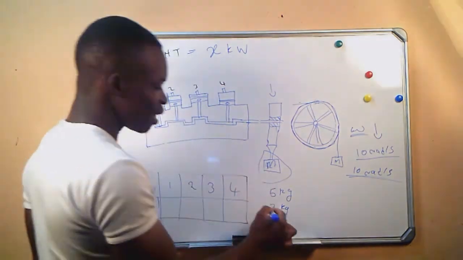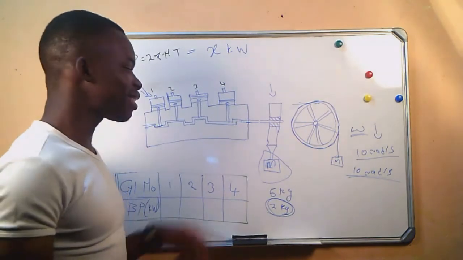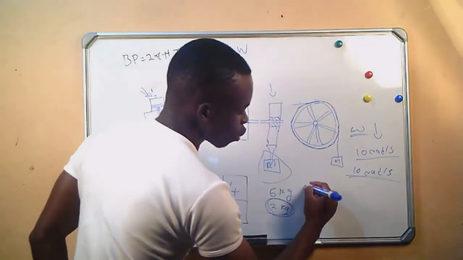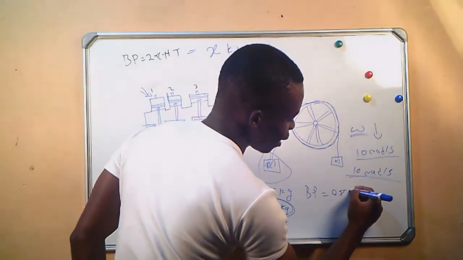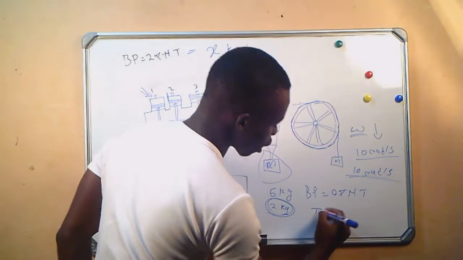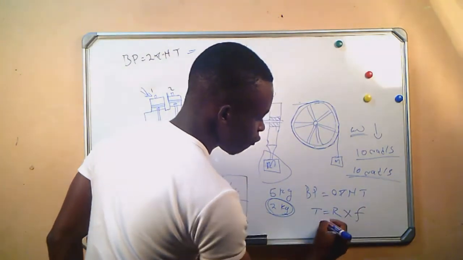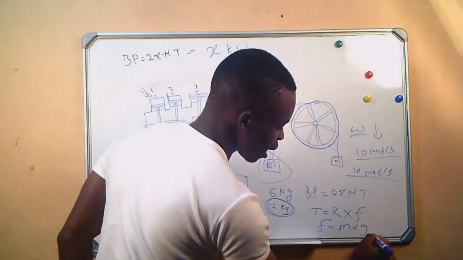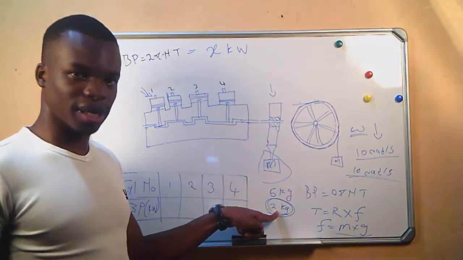Now, as a result of us reducing the mass that is in the dynamometer, remember we use the dynamometer to calculate the brake power. The brake power is given by 2 pi nT. The torque is given by the radius times the force. Force is given by mass times the gravitational acceleration. We decrease the mass that is in the dynamometer.